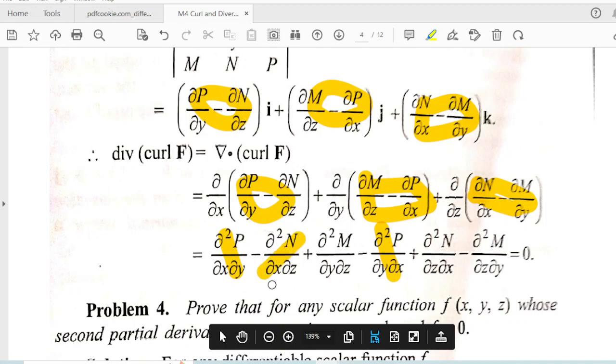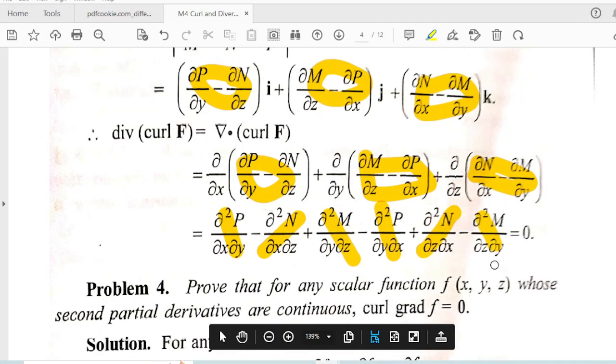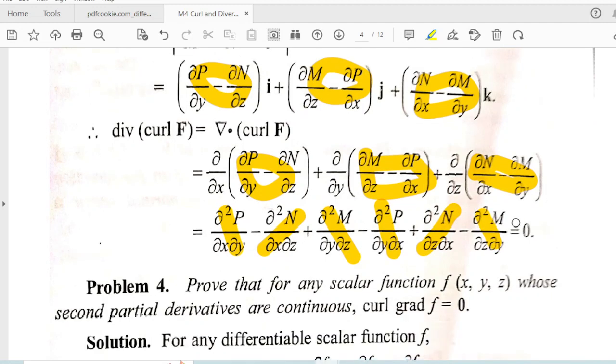Dou square n by dou x dou z and plus dou square n by dou z dou x will get cancelled, and dou square m by dou y dou z minus dou square m by dou z dou y also cancel. So when everything cancels, we get 0.